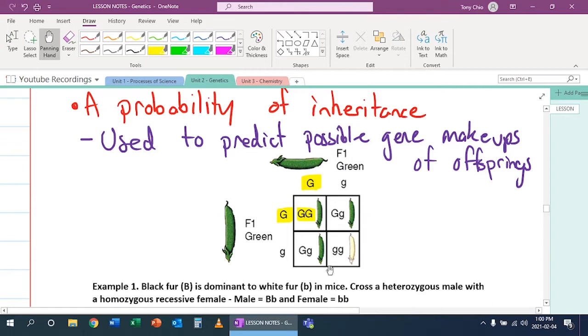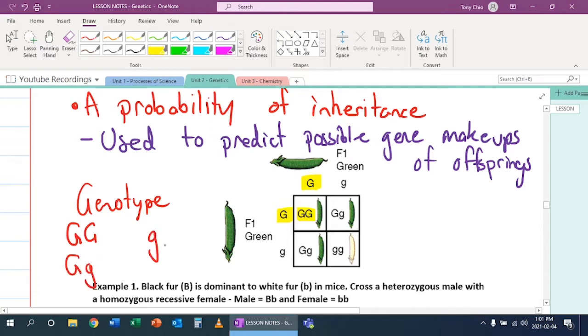And this shows you the probability that these offspring can inherit. In a sense, if you look at the genotype, for example, you see that you have the genotype homozygous dominant, you have the genotype heterozygous, and you have the genotype homozygous recessive.